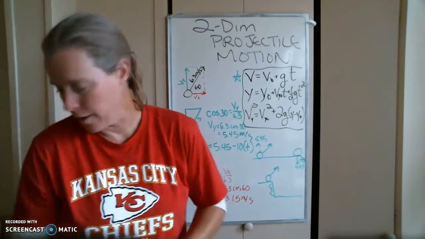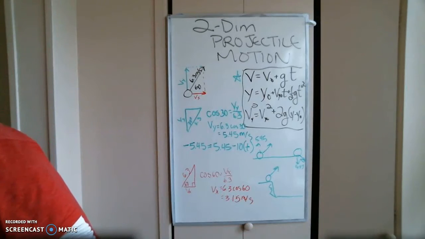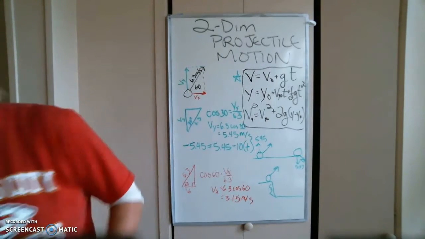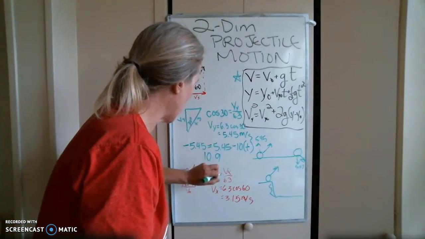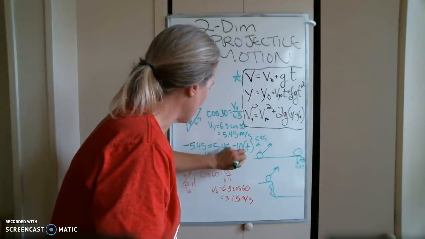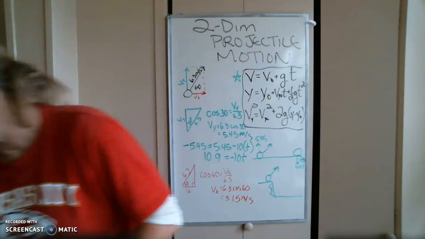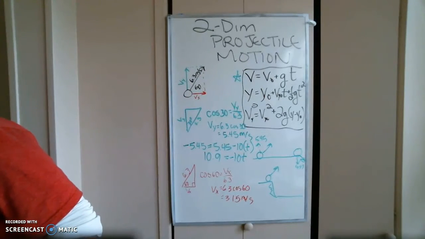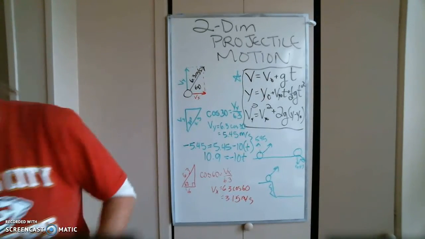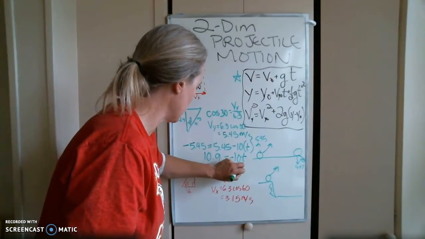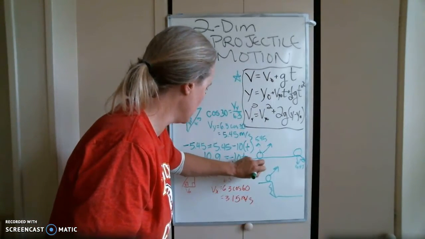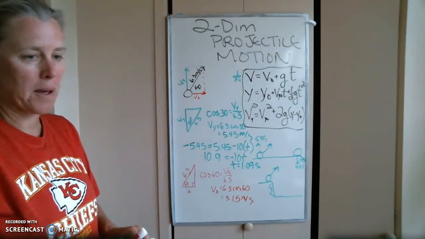So 5.45 minus negative 5.45, or basically multiply that by 2, I get 10.9. 10.9 equals negative 10t. The time that I'm in the air is 1.09 seconds.